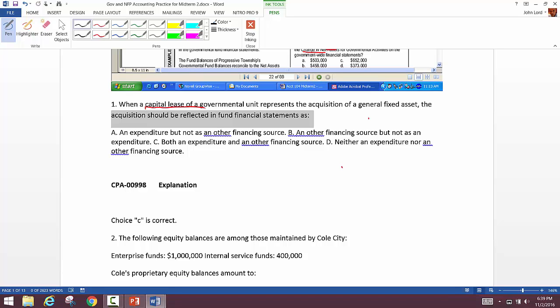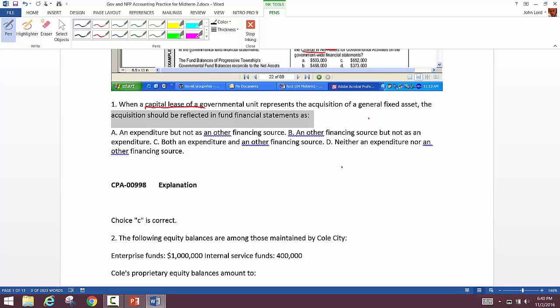Okay? So, when we purchase equipment under capital lease using full accrual accounting, what do we do? Well, that's fine for modified accrual, which is what this question's asking, but I asked you.